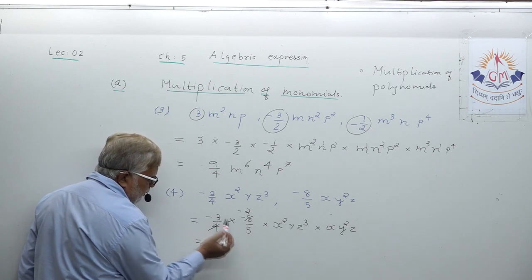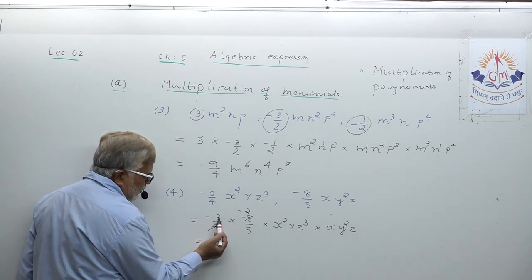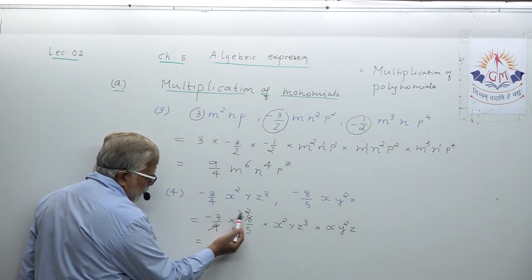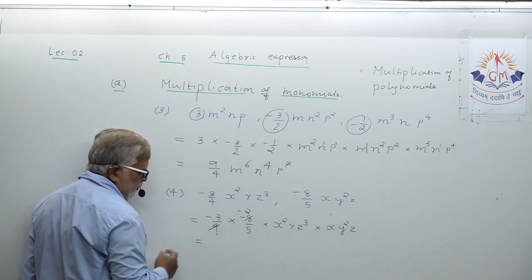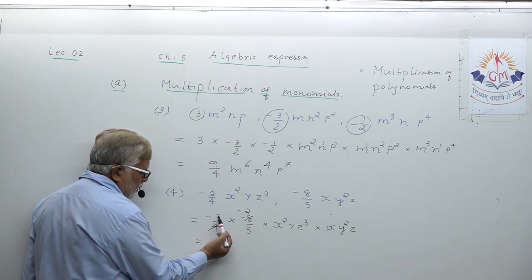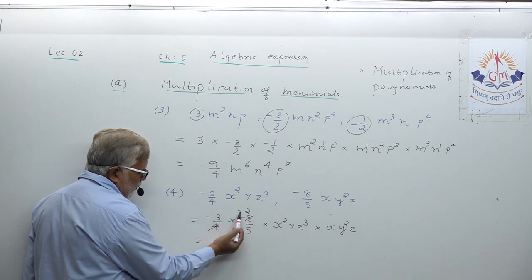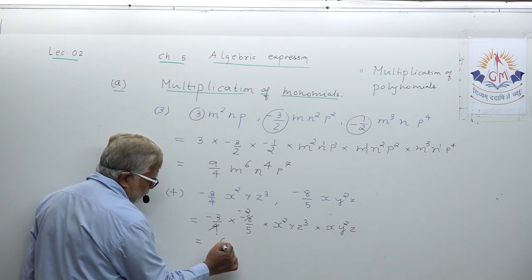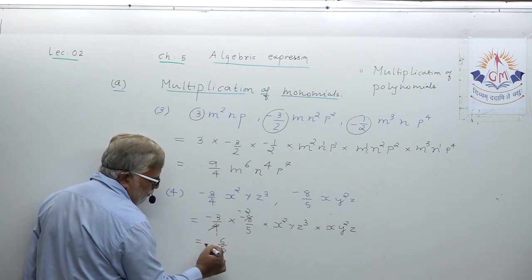Now no further cancellation is possible, so multiply numerator to numerator. Here nothing means 1, which you have practiced in 7th standard. Minus minus plus, 3 times 2 is 6, 1 into 5 is 5.